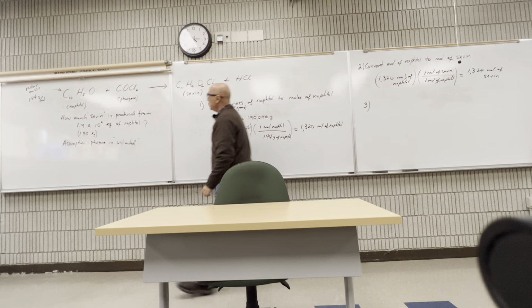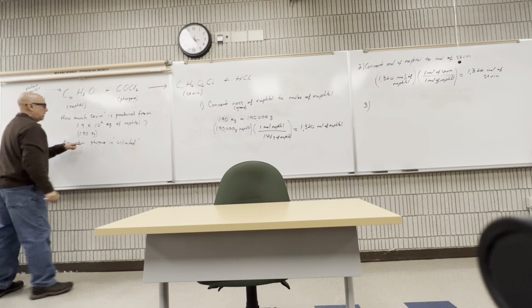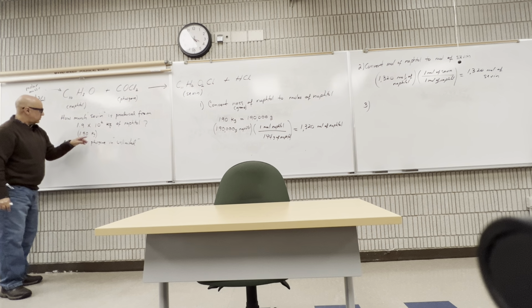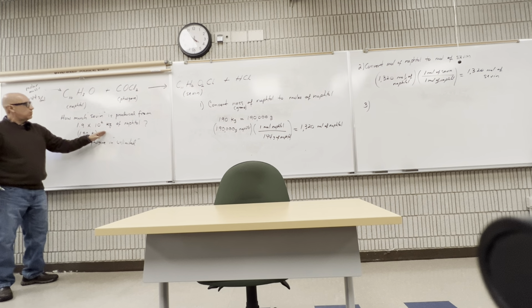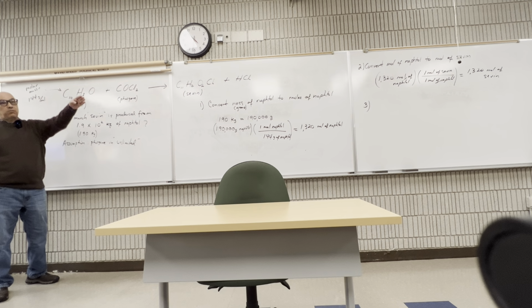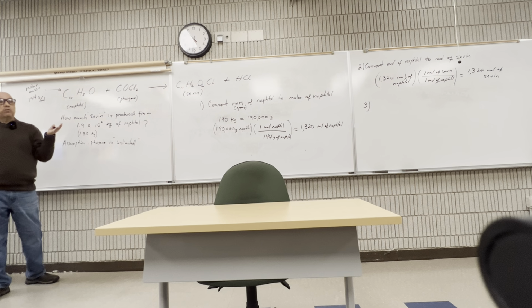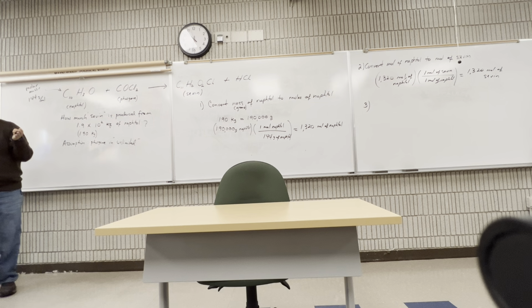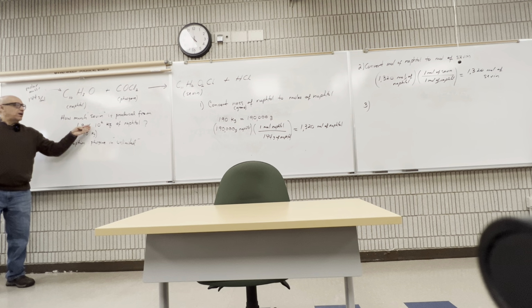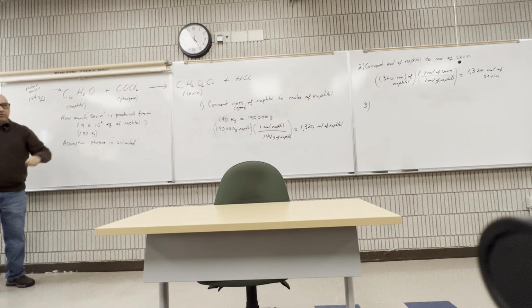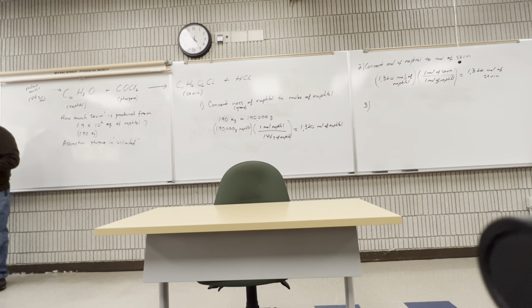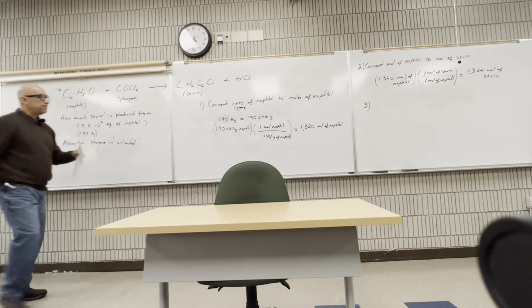So the original question is, how much 7 is produced? I didn't even ask you in what units. So you could say, well, I'm done. I produce 1,320 mole. Well, let me rephrase the question. How much 7 in kilograms is produced? So we're going to have to go to kilograms. What do we need?